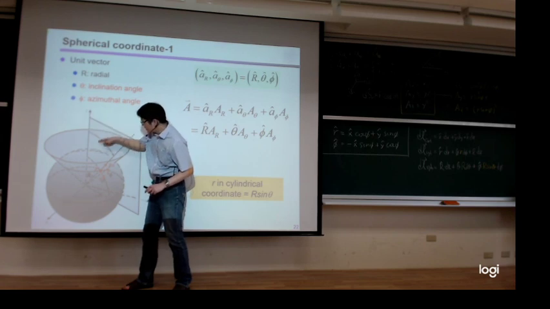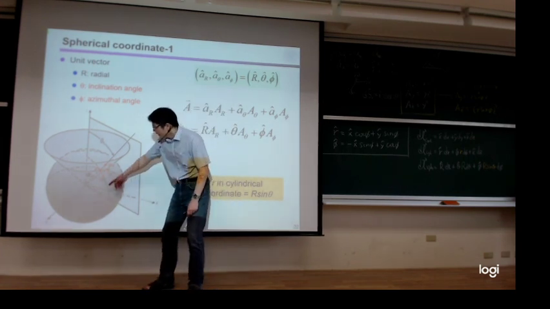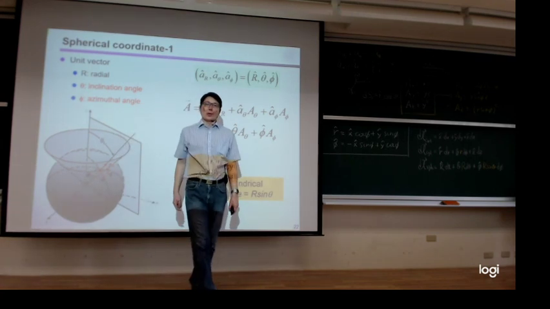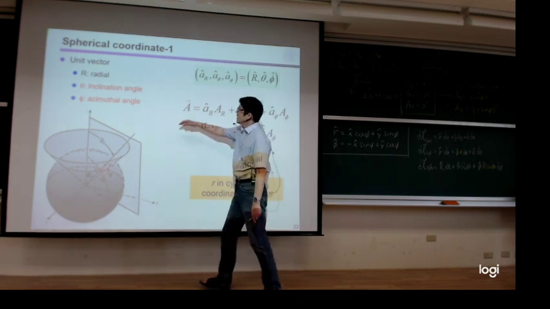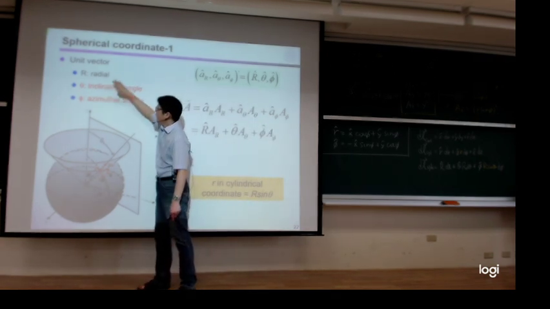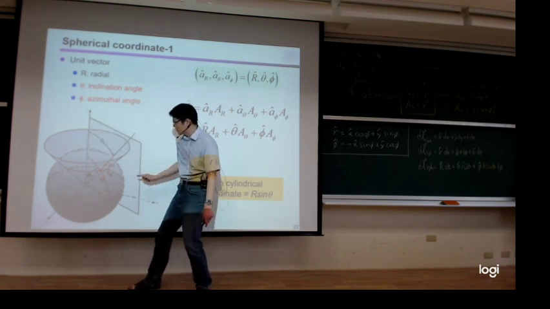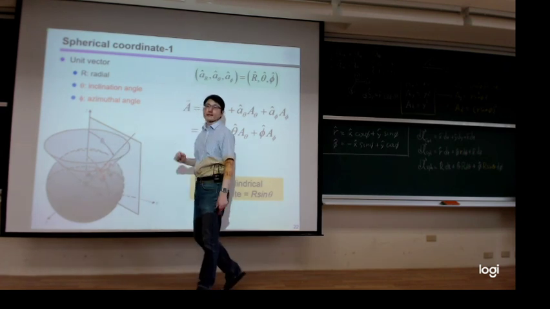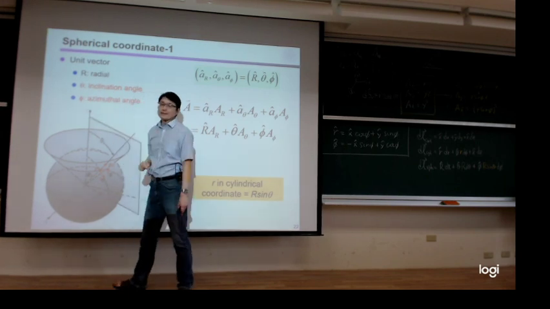Okay, so that is theta, inclination angle. I also need another angle which is identical to the cylindrical coordinate, the azimuthal angle. So basically, I have the radius and two angles. One angle is in this direction, another one is the angle on the xy plane. Okay. So r, theta, and phi.